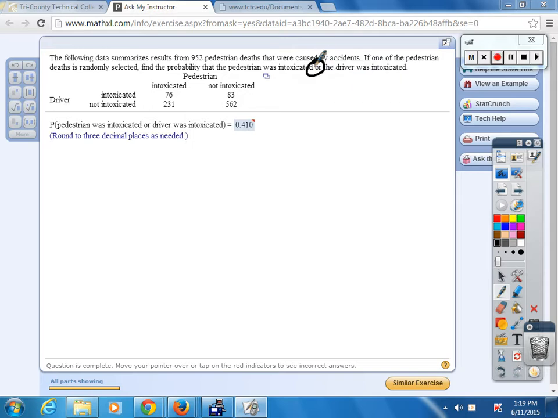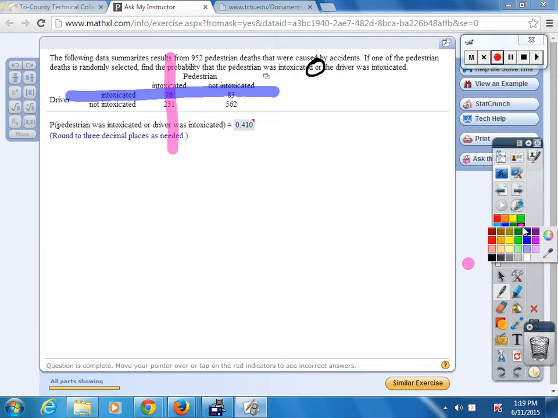All right, so that's additive law. So I'm going to take my handy dandy highlighter and I'm going to highlight one in magenta. Okay, the pedestrian was intoxicated. And the driver was intoxicated. So now I'm going to write everything in magenta.